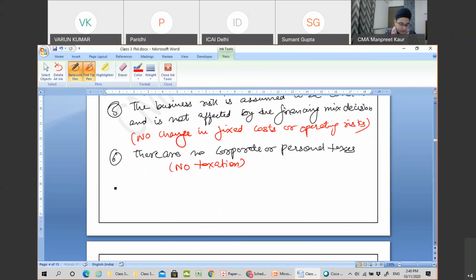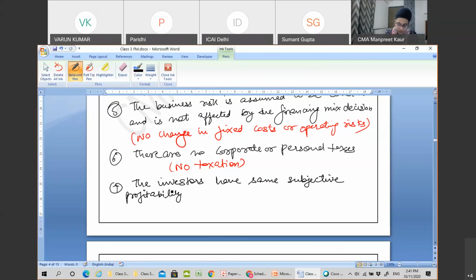And last one is the investors have same subjective probability distribution of expected earnings.